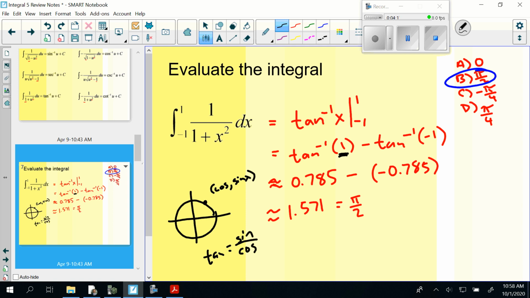That would happen at a 45-degree angle, and 45 degrees is the same as pi over 4. So that's why these are the approximations of pi over 4. When we put these together, because we end up changing the subtraction to adding here, this would be pi over 2.